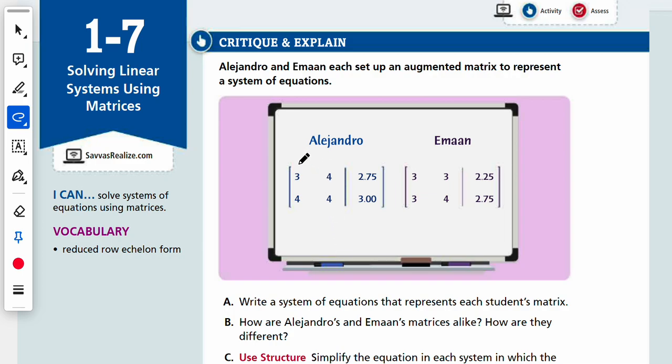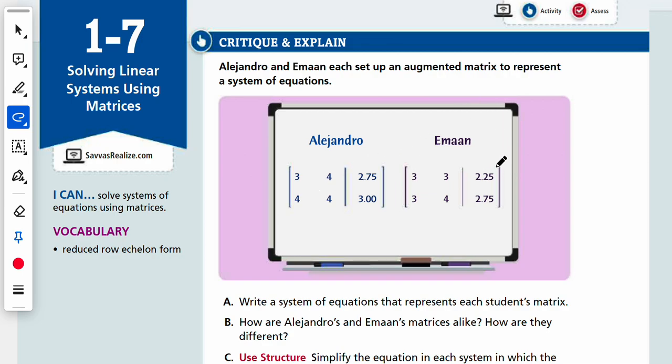So what if you have two columns on the left side of the line here? That means you have two variables, right? So this is probably x and y equals a constant. So we went over how to convert the standard form of a linear equation to the augmented matrix, right?